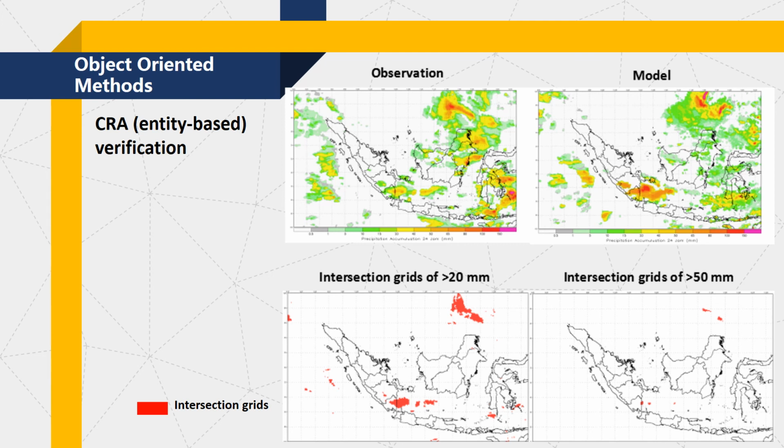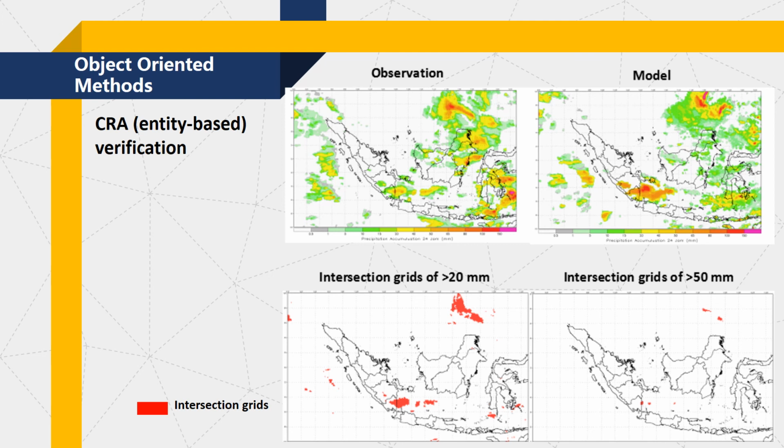For example, we want to identify how many grids have a value of more than 20 millimeters, both in observation and model data, and we will get the map we can see in the lower left side, the intersection grid of more than 20 millimeters.